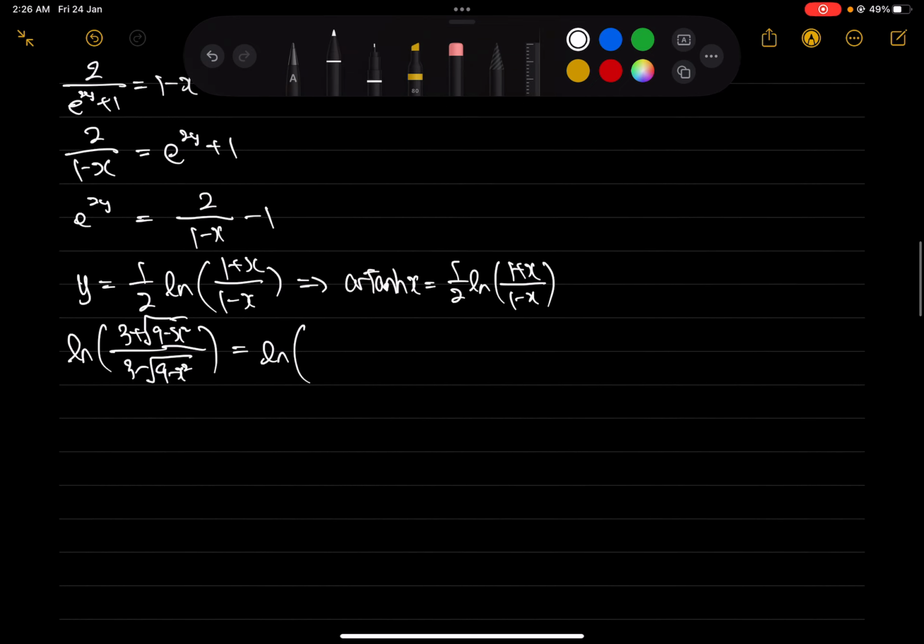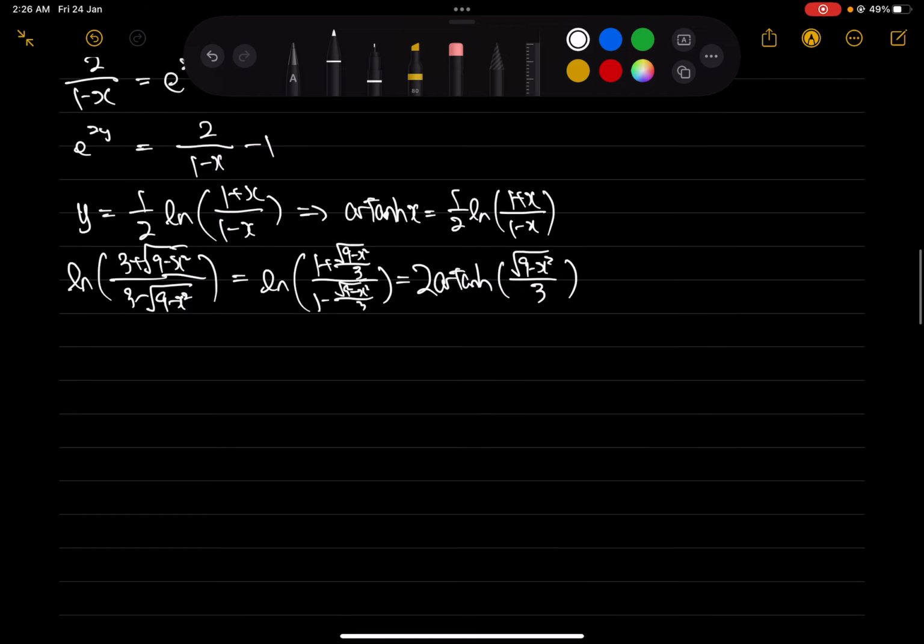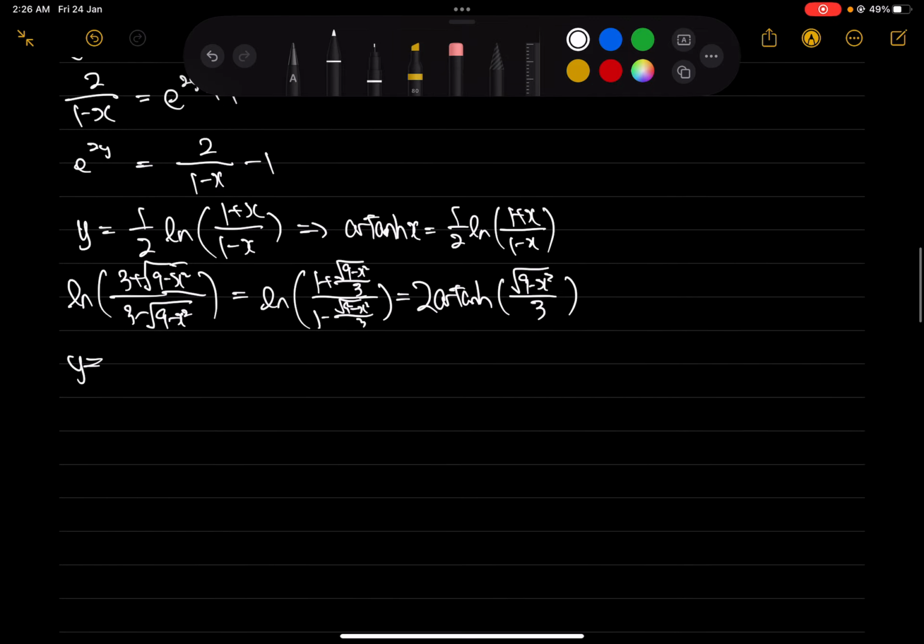This function is simply, okay, so now we could find the inverse of that. So again we try to find the inverse function.